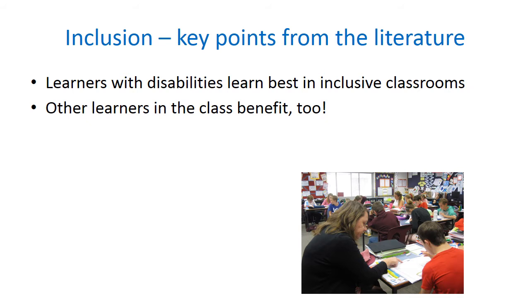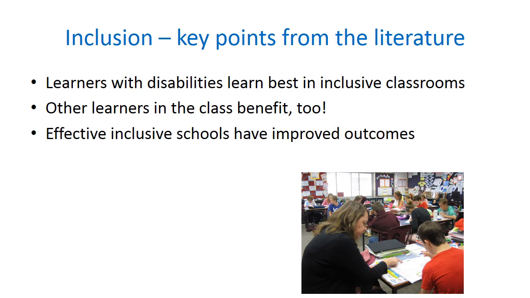There'd been a concern initially that if you had students with disabilities, particularly learning difficulties and intellectual disabilities, where they're a long way behind the attainment of their peers, that you'd somehow be causing the other students to suffer. And we wouldn't want that to be the case. That would be really malpractice. And it's good news that research studies have confirmed that other learners in the class benefit too.